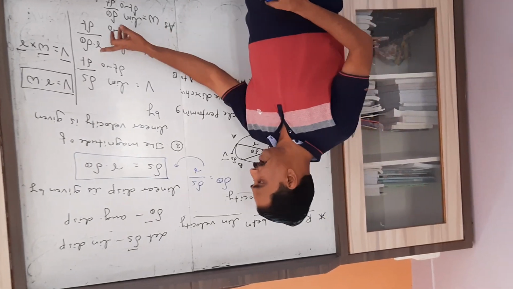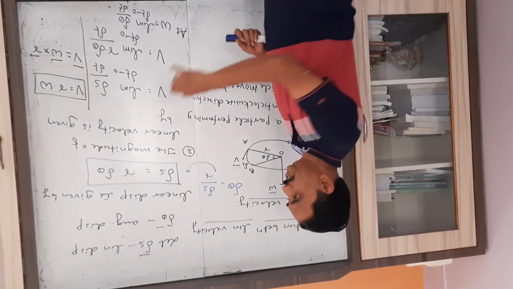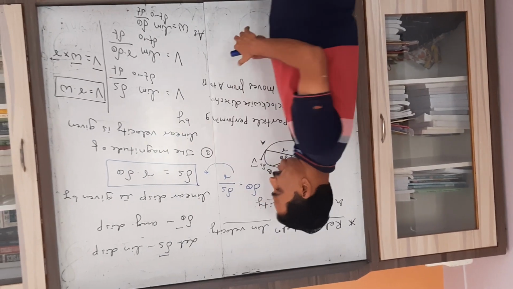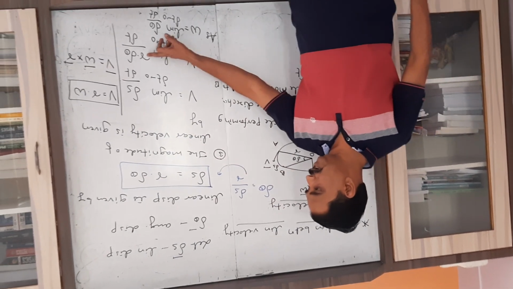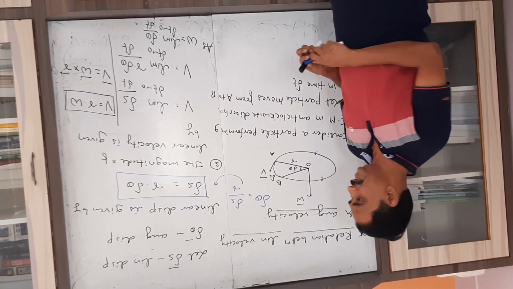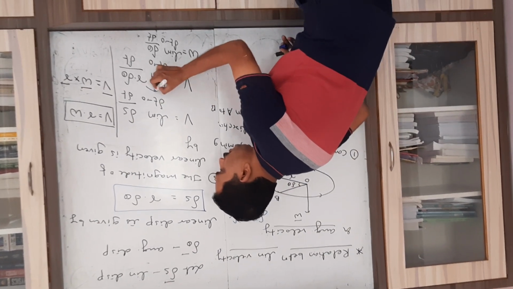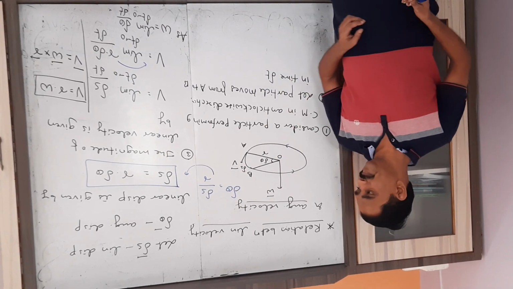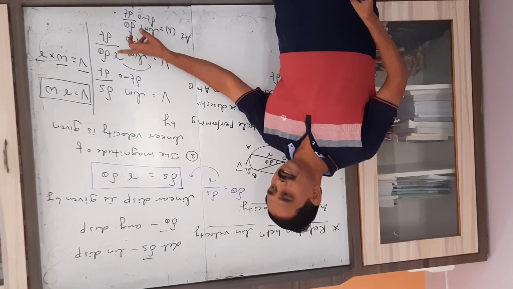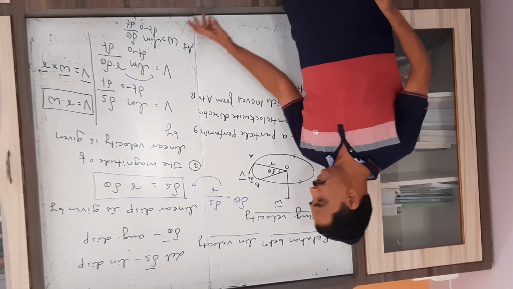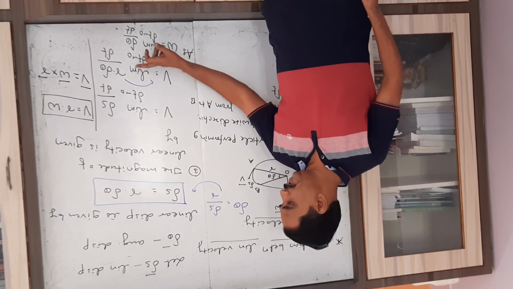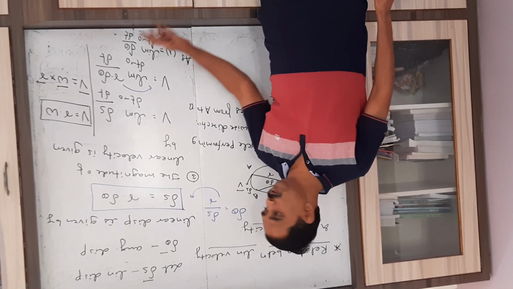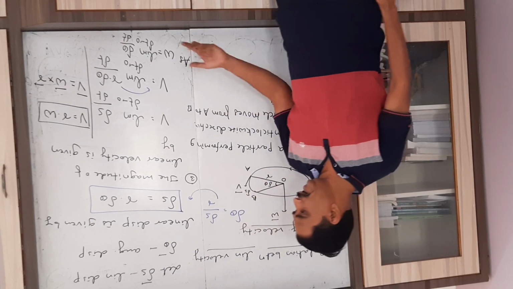Now we put the value of delta s, which is equal to r into delta theta. The radius of a particular circle always remains constant, so I take out that constant r. What is left over? r into limit delta t tends to 0 of delta theta by delta t.